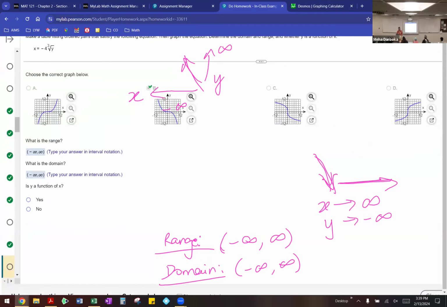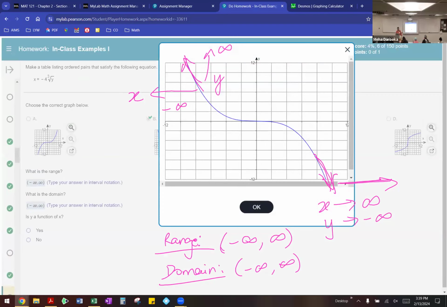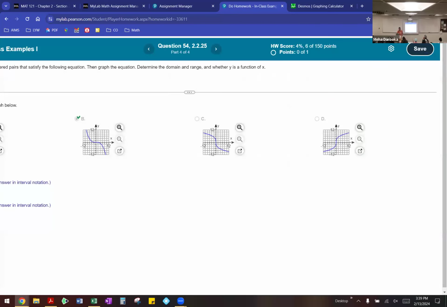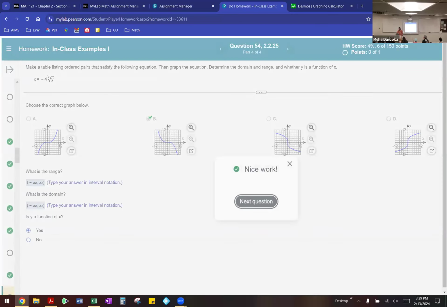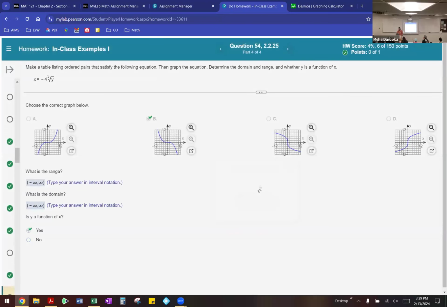And then is y a function of x? Yeah, it will pass the vertical line test, so it is a function. Let's say yes. We are good to go.